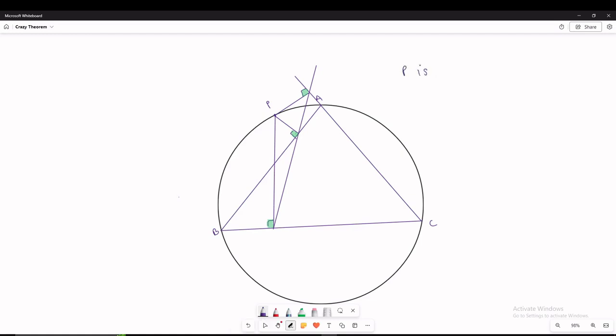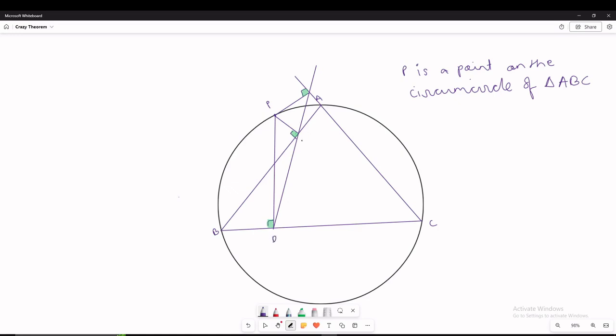तो अगर एक ट्रायंगल के सर्कमसर्कल पे P is a point on the circumcircle of triangle ABC, ठीक है। तो ये कहीं पे भी हो सकता है। And then we draw perpendiculars from it.